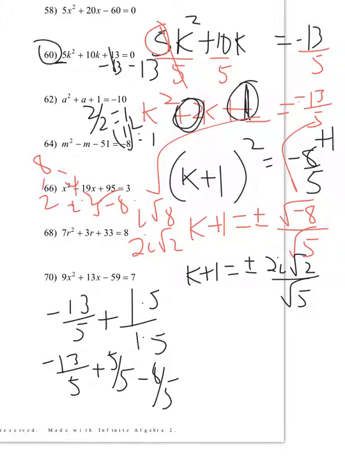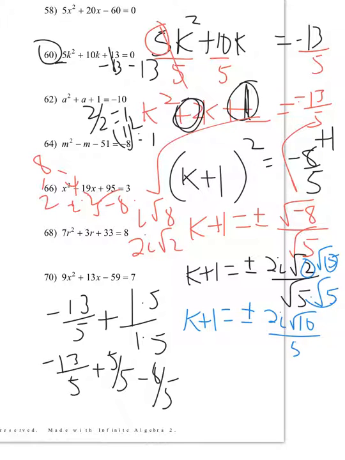Also, if you remember, we can't leave square roots in the denominator. So all this stuff we did in the last unit with radicals is coming into play here. We're going to multiply top and bottom by square root 5. So k plus 1 equals positive and negative 2i square root, I multiply my 2 and 5, so square root 10, all over square root 5 times square root 5, which is equal to 5.